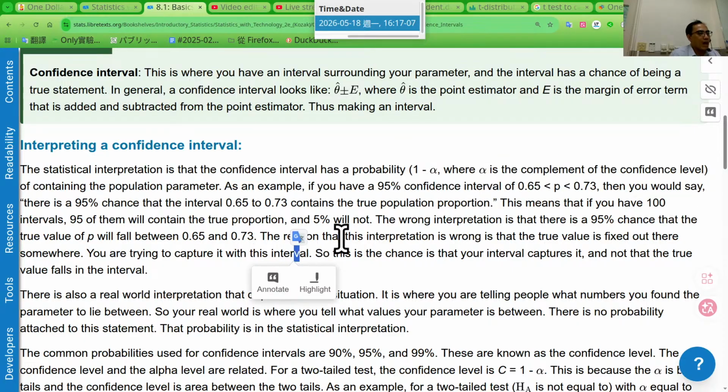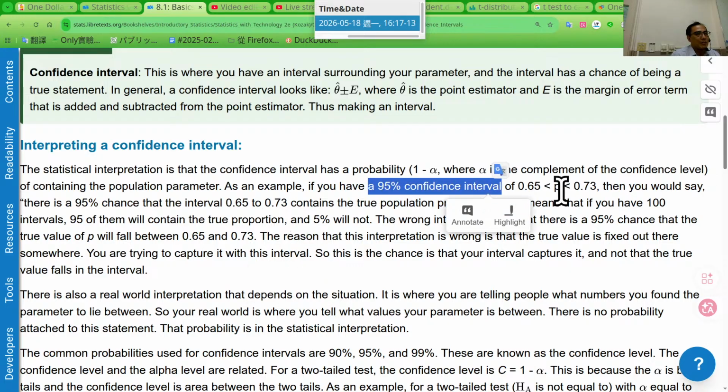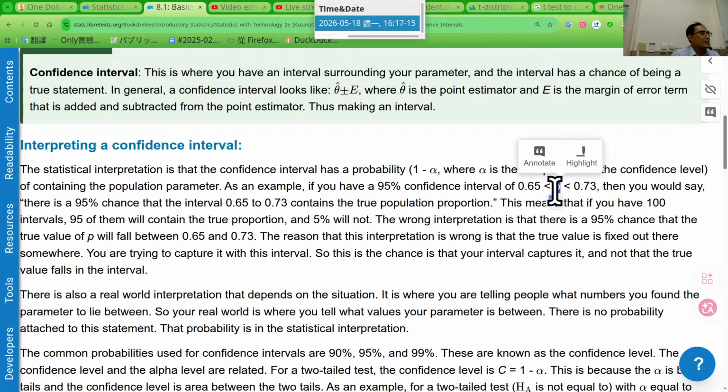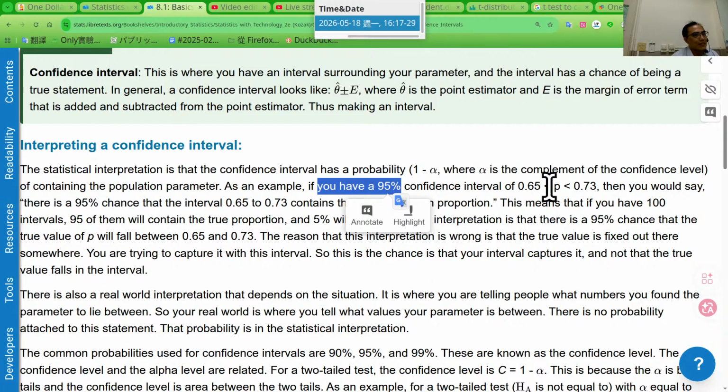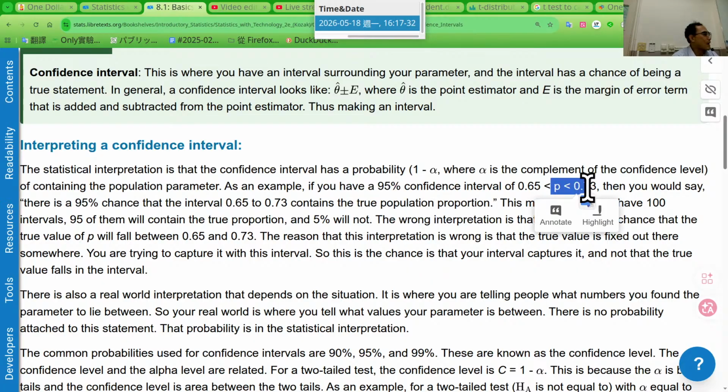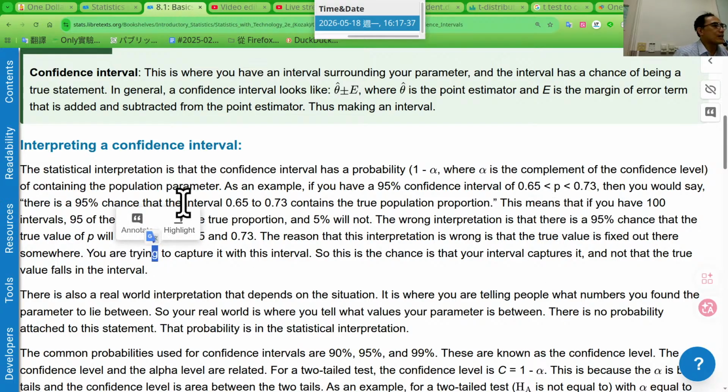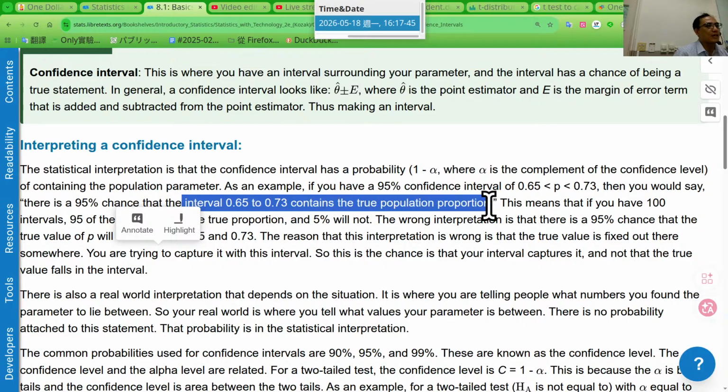As an example, if you have a 95% confidence interval that the probability P is greater than 0.65 but smaller than 0.73, you have 95% confidence that the range is between those values. Then you will say there is a 95% chance that the interval from 0.65 to 0.73 contains the true population proportion.